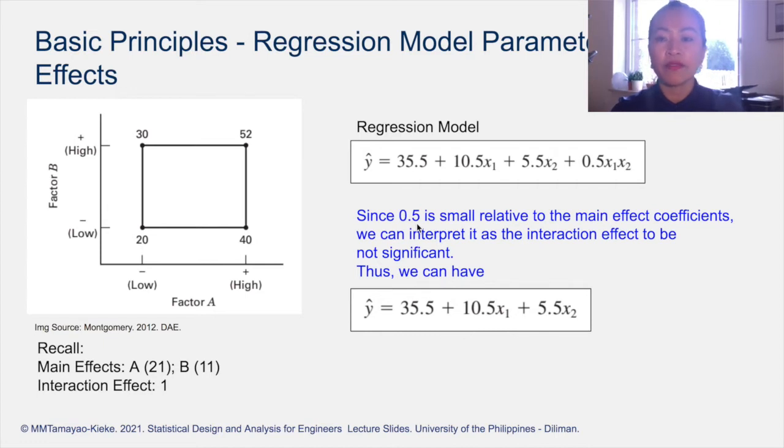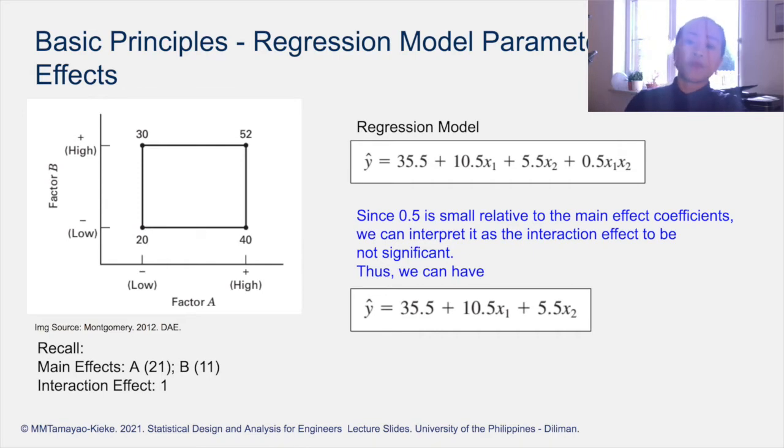Now, since 0.5 is small relative to the main effect coefficients, we can interpret the interaction effect to be not significant. Therefore, we can simplify the regression model to y hat = 35.5 + 10.5x1 + 5.5x2.